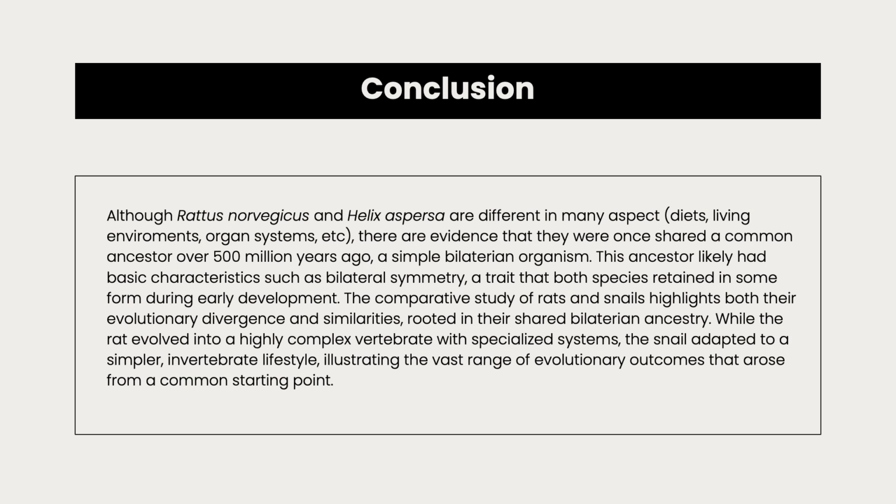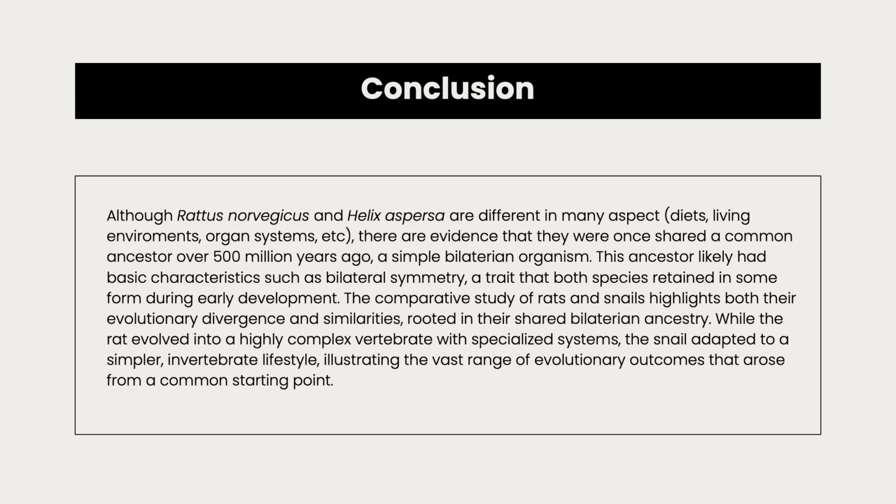And the comparative study between them kind of highlighted that rats are very complex animals, which are near complexity towards human levels more than they are towards the snail level, which is a much simpler organism. And they both diverged a very long time ago, 500 million years ago to be exact.